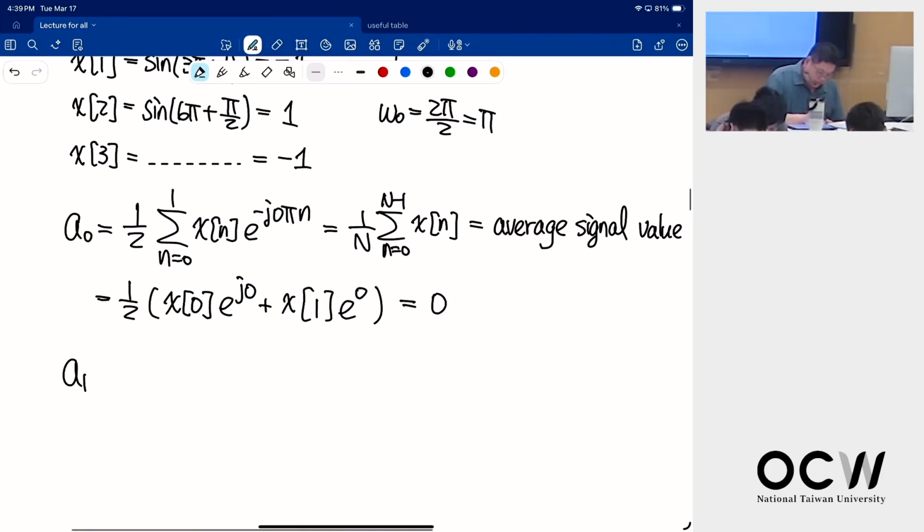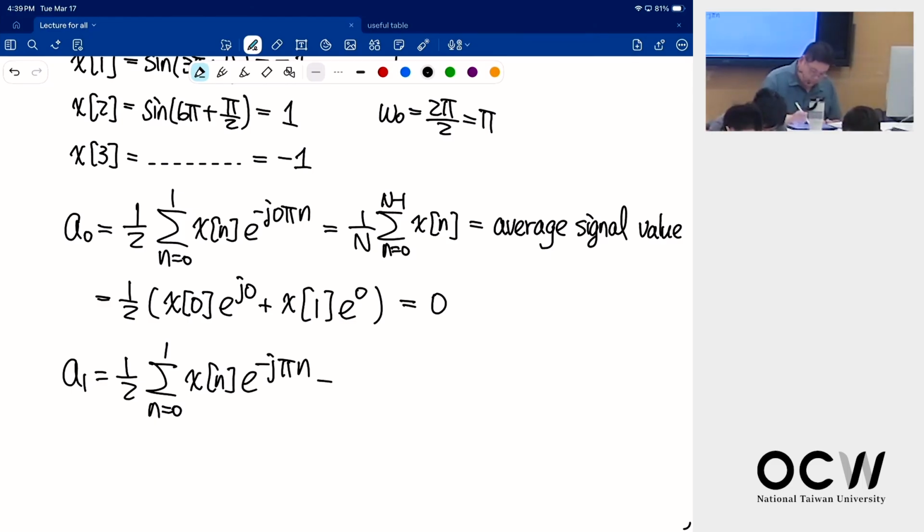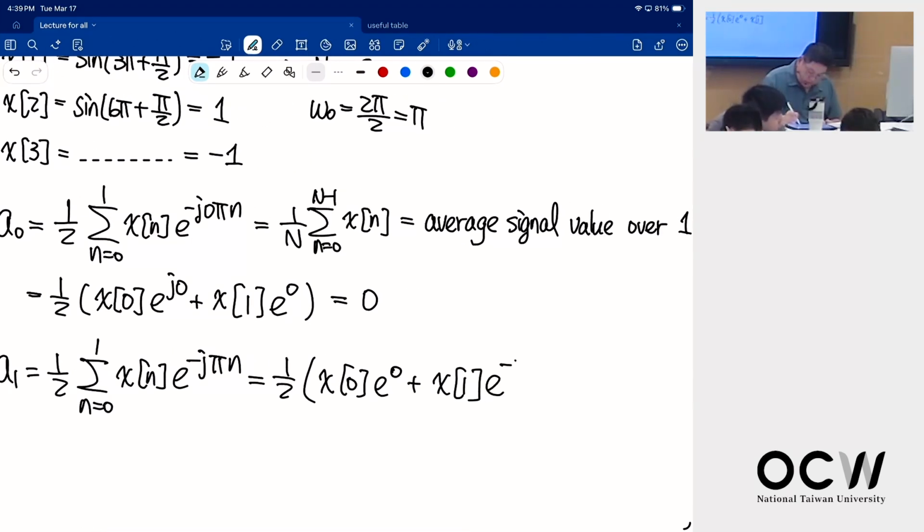And A1 is 1/2 times x of 0 e to the 0 plus x of 1 e to the minus j pi. That's 1.